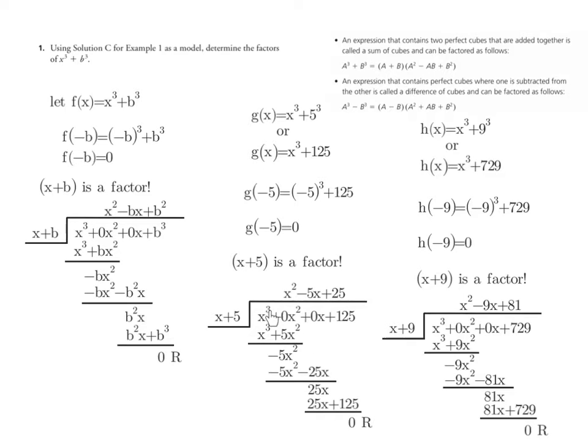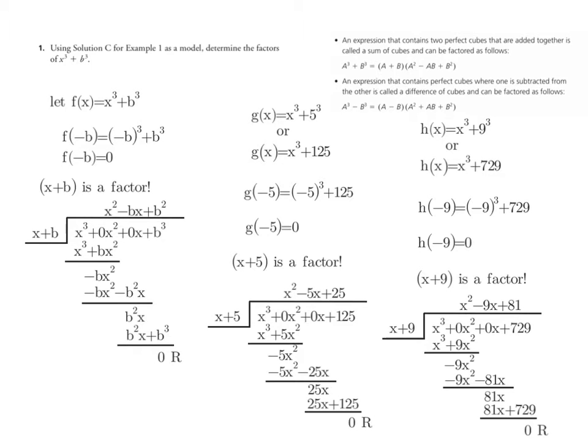We divided x cubed plus 125, which is 5 cubed, by x plus 5, and we got x squared minus 5x plus 25. And x cubed plus 729 divided by x plus 9 is x squared minus 9x plus 81.